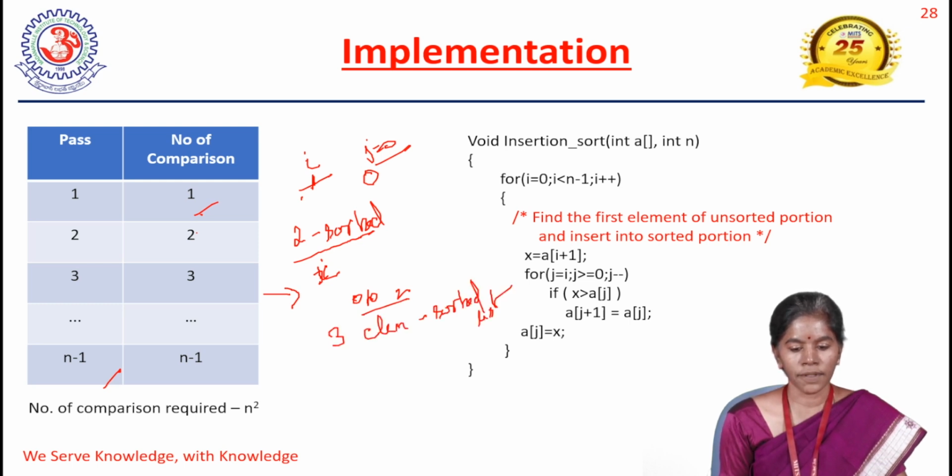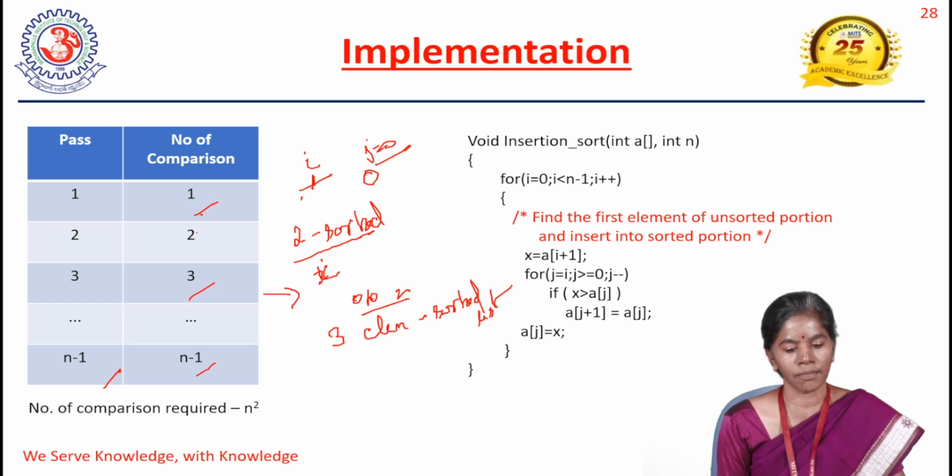Sometimes x will be inserted in the middle only, but when we calculate time complexity, we have to see the maximum number of comparisons. So for n minus 1, the maximum number of comparisons will be n minus 1.